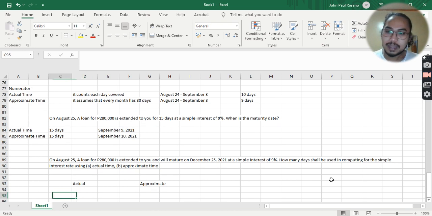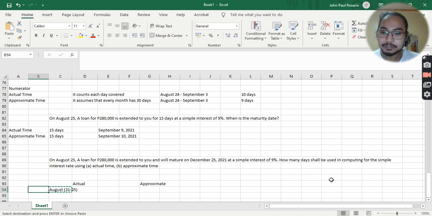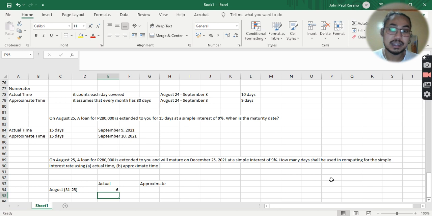So for actual time, the start is August. August has 31 days. So 31 minus the date of the loan, 25. So 31 minus 25, that's 6 days.